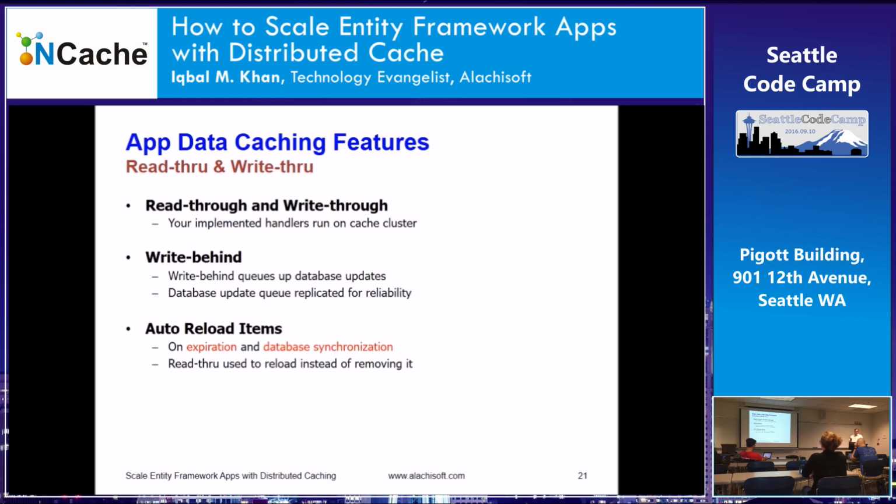Read-through is a handler that you implement. It's an interface. You implement that interface and register your code on the cache cluster. The cache calls your code whenever the application does a get and that item is not in the cache. So instead of saying it doesn't exist, it'll call the read-through and say, please go and get it from your data source. And then it'll cache it and give it back.